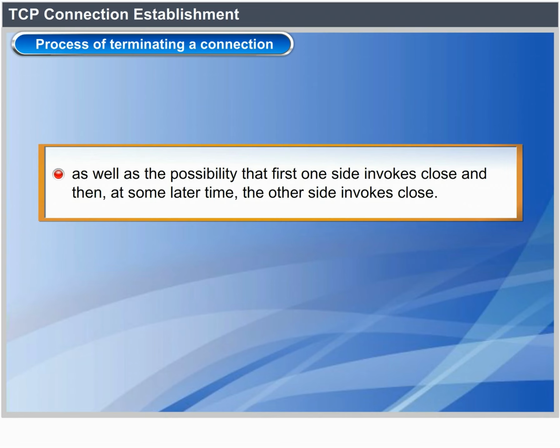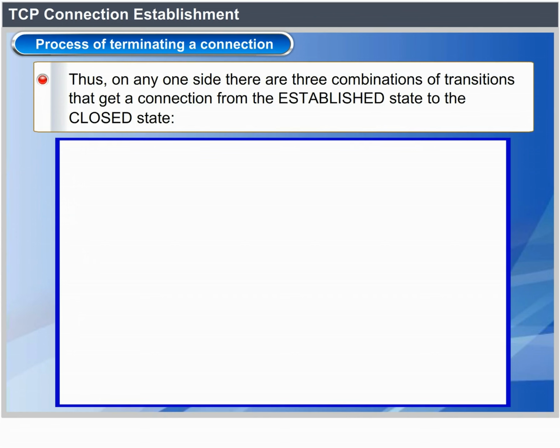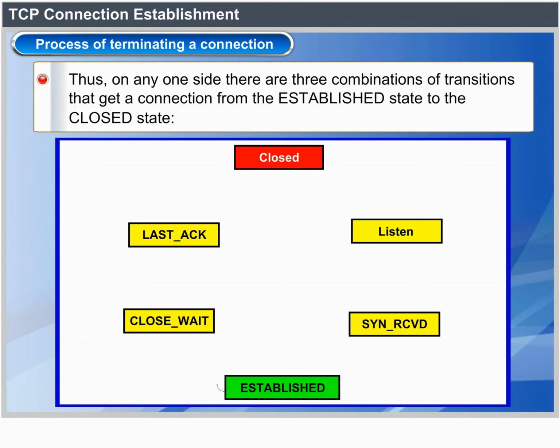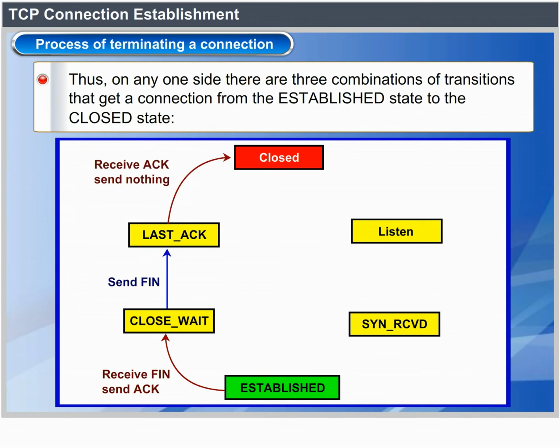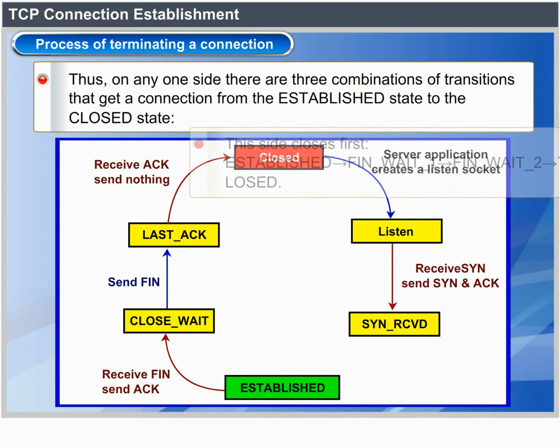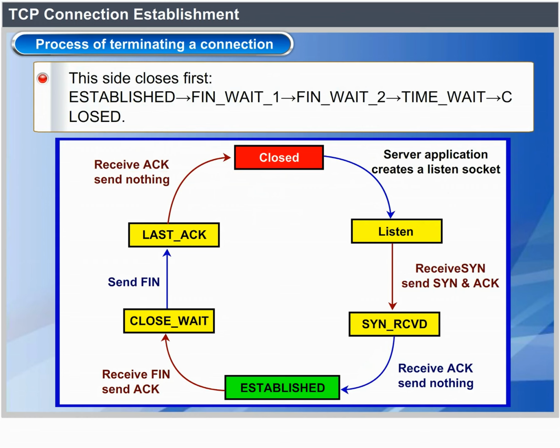Thus, on any one side, there are three combinations of transitions that get a connection from the established state to the closed state. This side closes first: established, fin_wait_1, fin_wait_2, time_wait, closed.